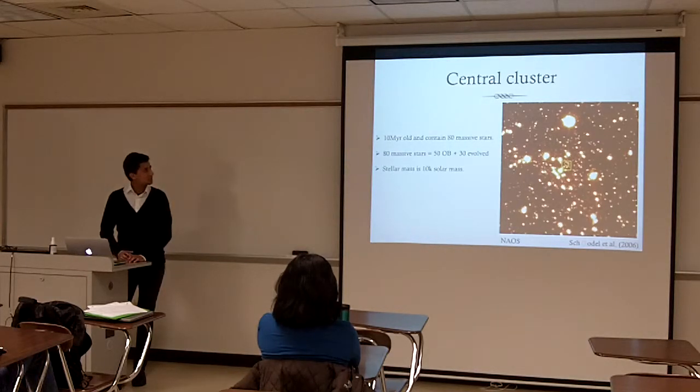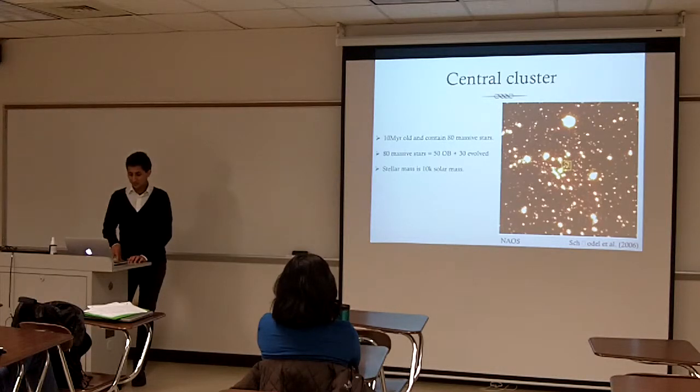They contain 80 massive stars, and the majority of stars have an age of 10 million years, and most of them are OB supergiant type stars, and the mass of the cluster is 10,000 solar masses.